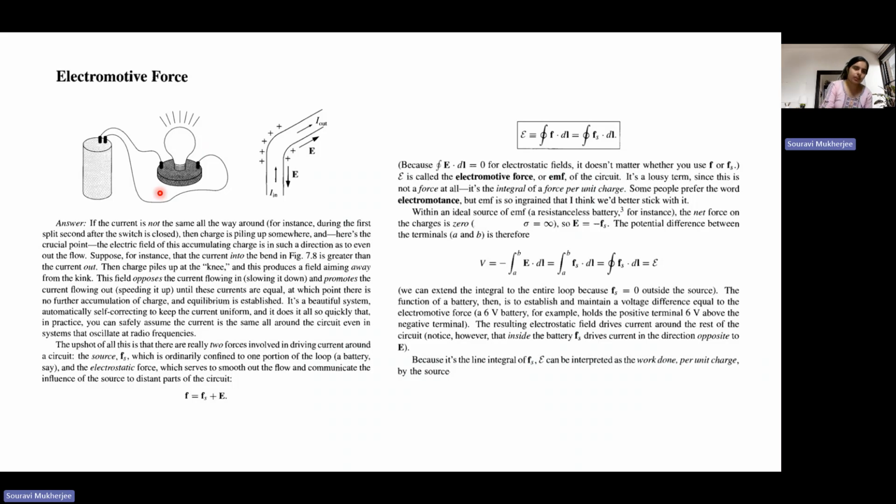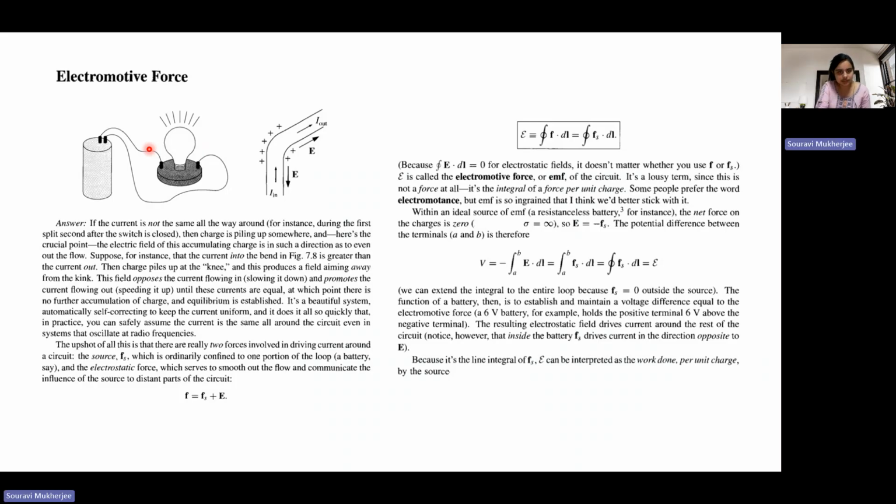What happens is that the moment you switch on the circuit, a constant current flows through the circuit, and there is no such charge accumulation because that equilibrates, and the equilibrium is reached very fast, within a split second.